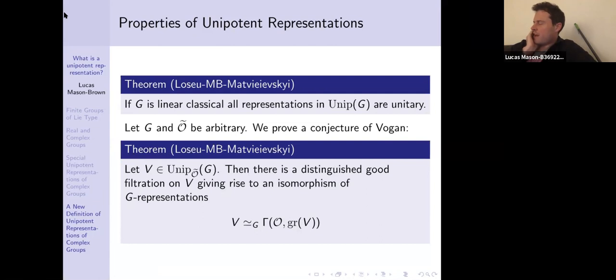We also prove a conjecture of Vogan regarding the G-types of unipotent bimodules.